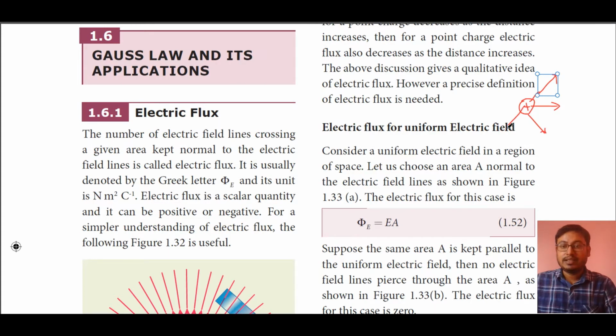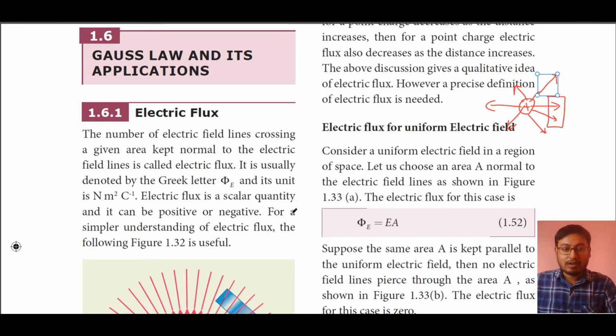It is in 3 dimensions, not 2D, meaning all around it. Now we take a unit area, and the number of electric field lines passing through this area and being perpendicular to it is called flux.